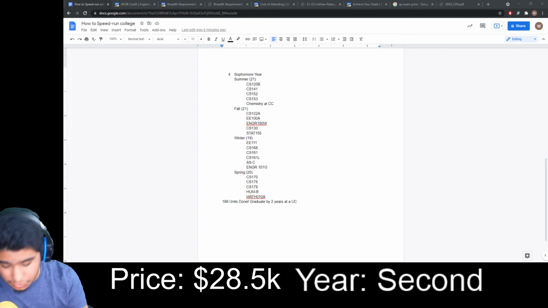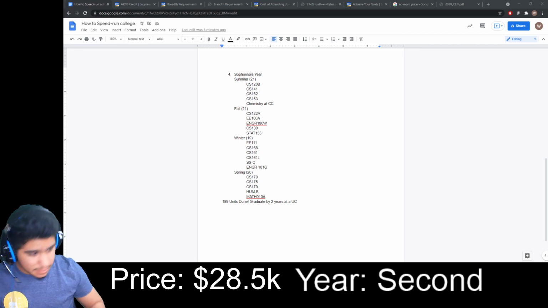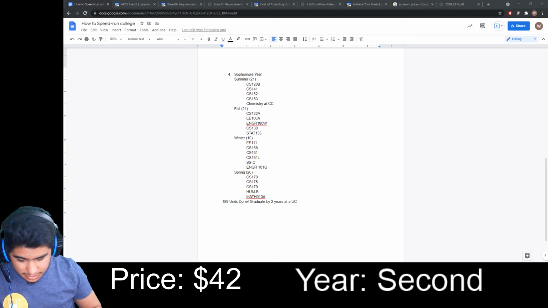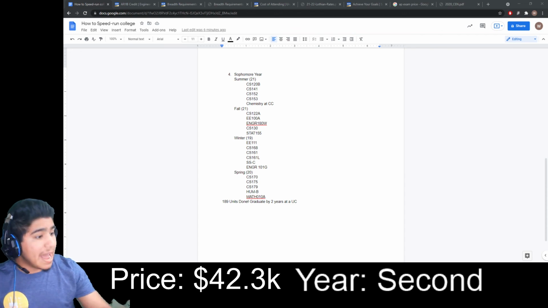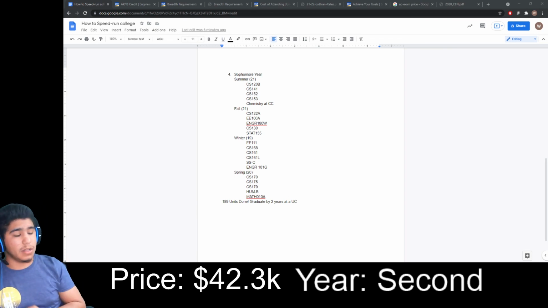So adding this to our total, we end up at the grand total of this degree, about more or less $42.3 thousand for a computer engineering degree.